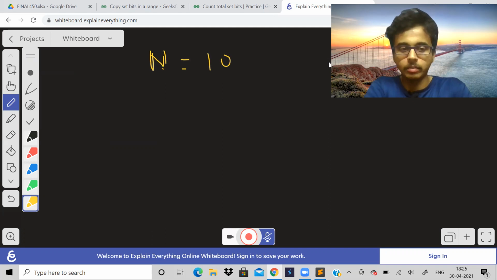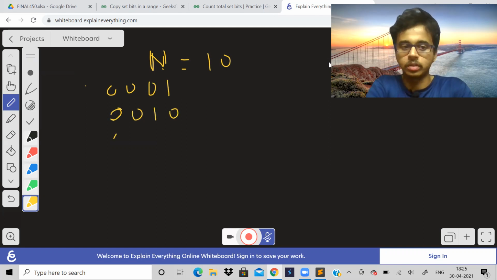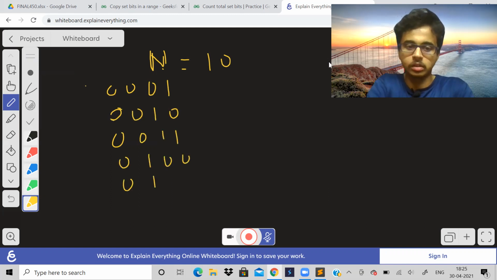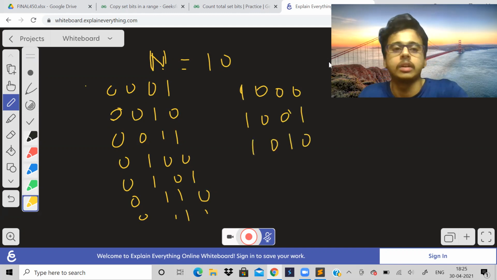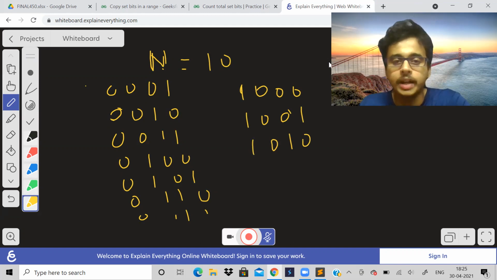Let us write 1 to 10 in binary. 0 0 0 1, 0 0 1 0, 0 1 1, then 5, 6, 7, 8, 9, and 10. We have to find count of set bits from 1 to 10.